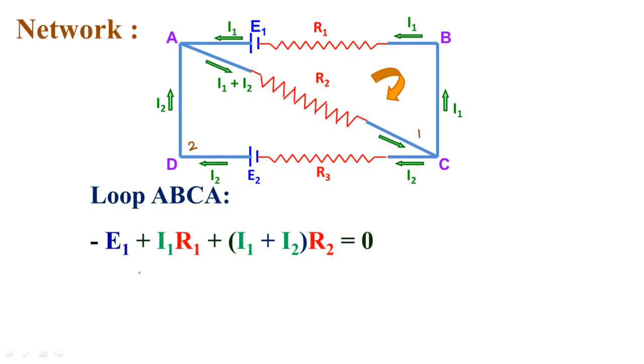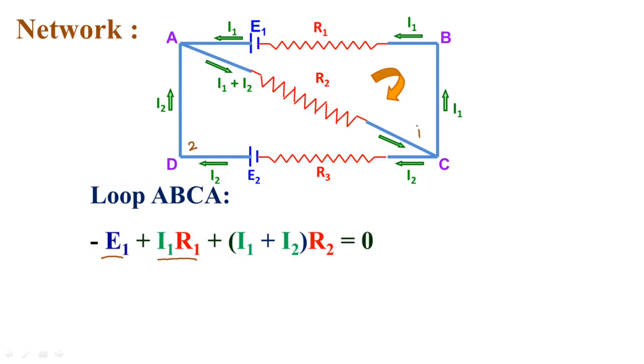Therefore, the minus sign is assigned and the EMF across the source E1 is minus E1. For resistance R1, the direction of the loop A to B and the direction of the flow of current are opposite to each other. Therefore, potential gain is there and the potential difference across the resistance R1 is I1 R1.